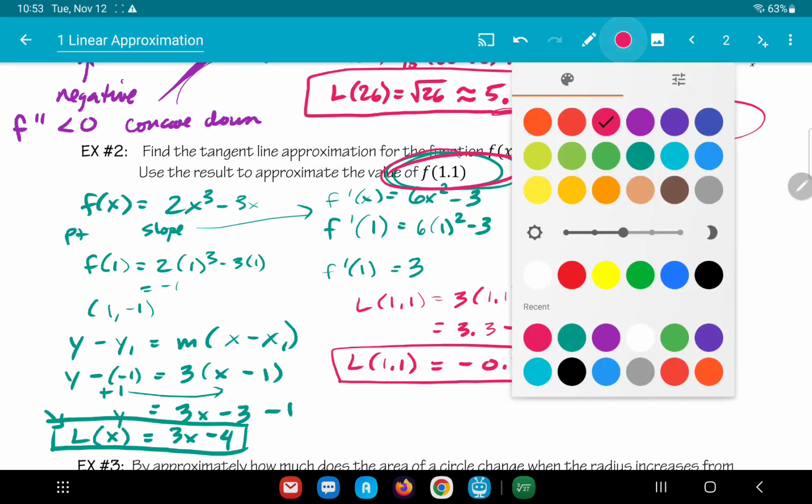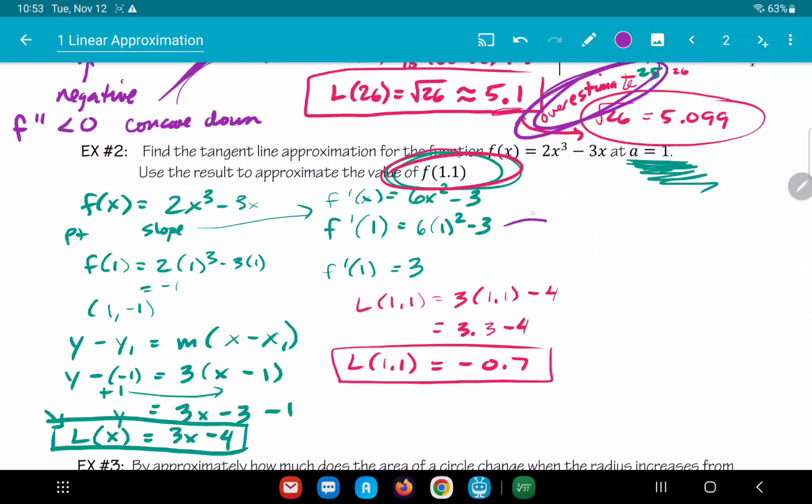Well, to do that, let's go with the second derivative. If we find the second derivative, that says 6x squared, so we'll get 12x is the second derivative, and at the actual value of 1, the second derivative is going to give us a positive number. So because the second derivative is a positive number, we know that this graph is concave up.